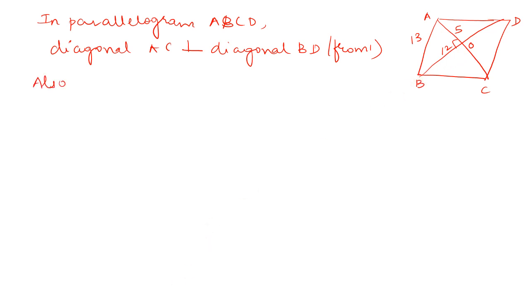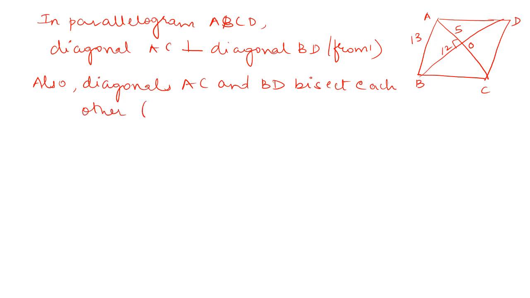Also the diagonals AC and BD, they bisect each other. Okay, it is given, bisect each other, which is a property of a parallelogram.